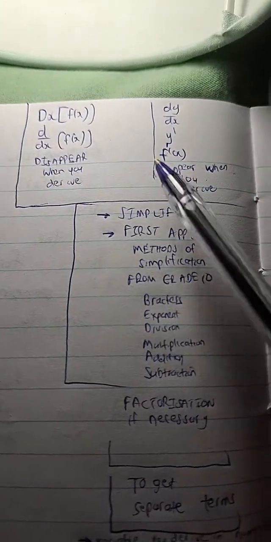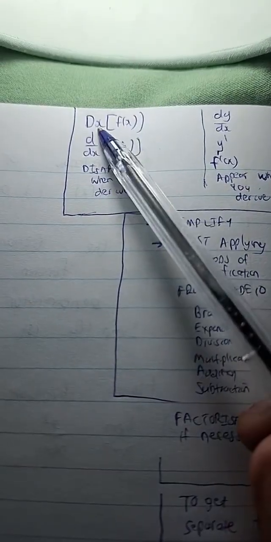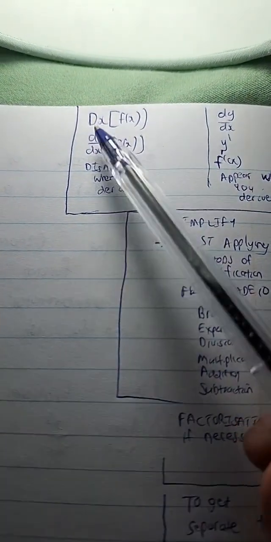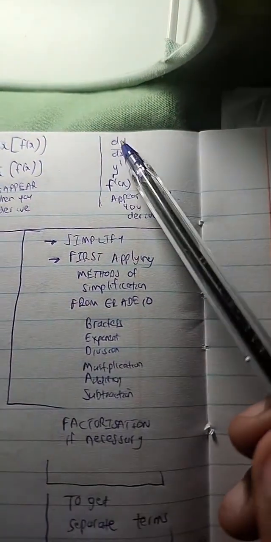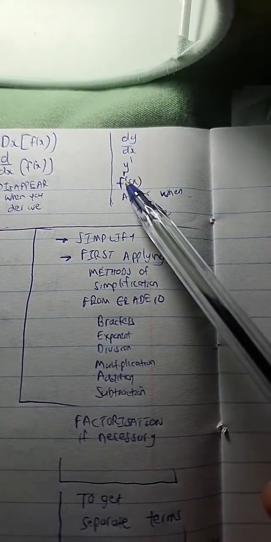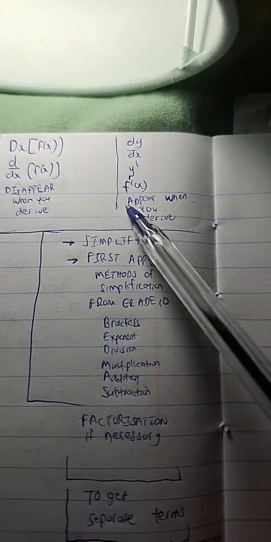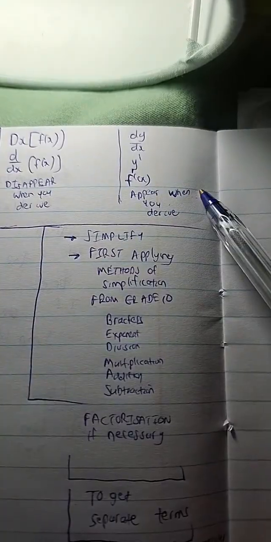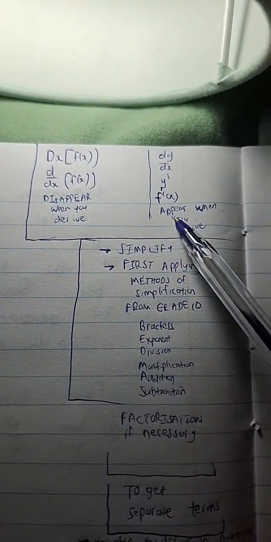This notation will always be attached to a certain expression, and it will disappear the minute you derive. But dy over dx, y prime, and f prime x will appear when you derive. So these will disappear, these will appear.